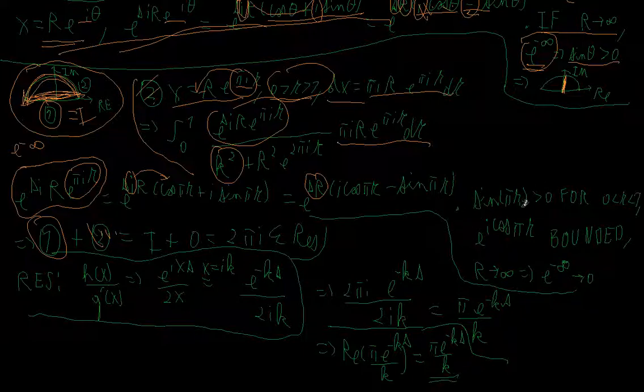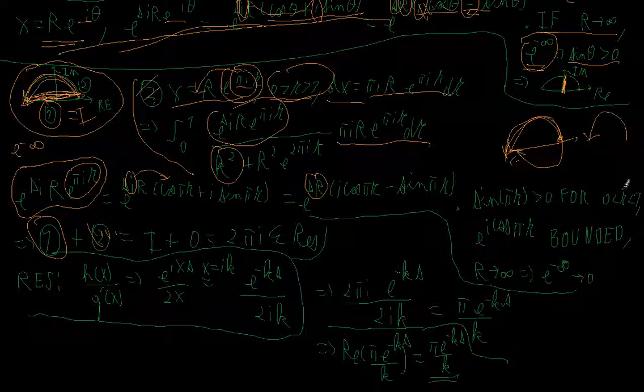Now we know that sine of pi t is positive here, first because as said, we are in the upper half plane, so sine is positive. In the lower half plane it would be negative, but in the upper half plane it's positive. And secondly, because t is between 0 and 1, also what we decided, because e to the pi i t here will go from 1 to negative 1.